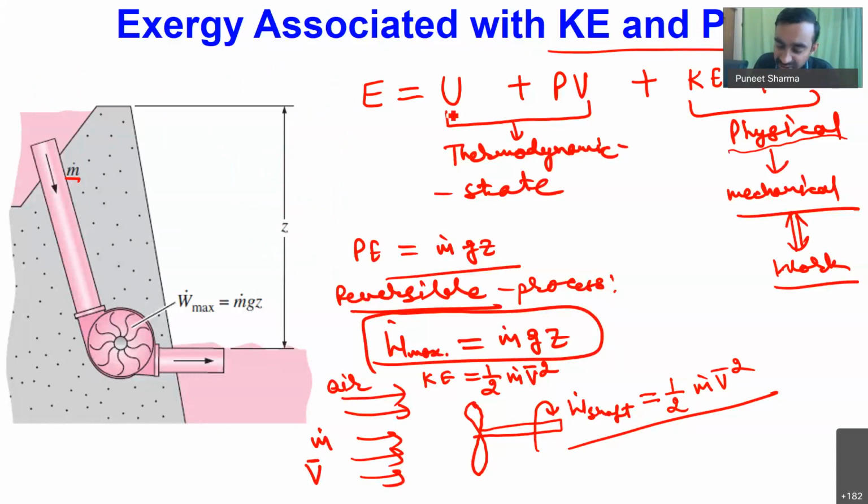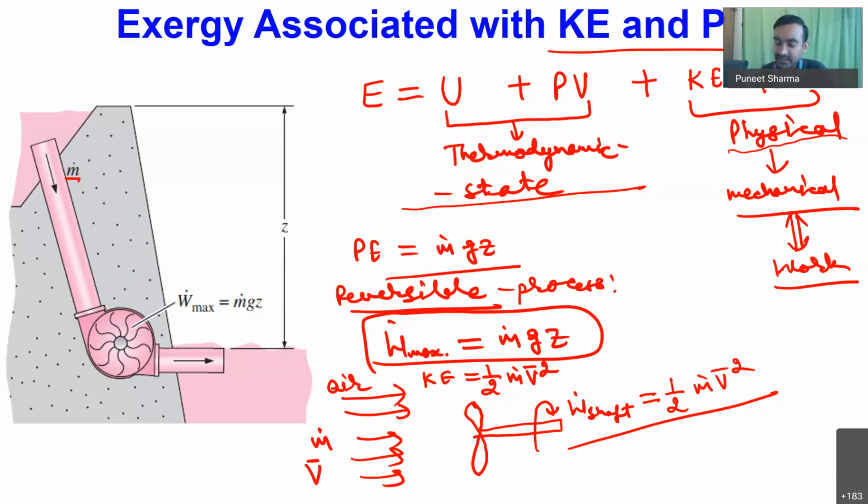Now internal energy U and flow work PV are quantities which depend upon the thermodynamic state of the system. I have already told you that to extract work from internal energy, we either employ a piston cylinder system, where if our pressure is greater than the surrounding pressure, we can allow the piston to expand.